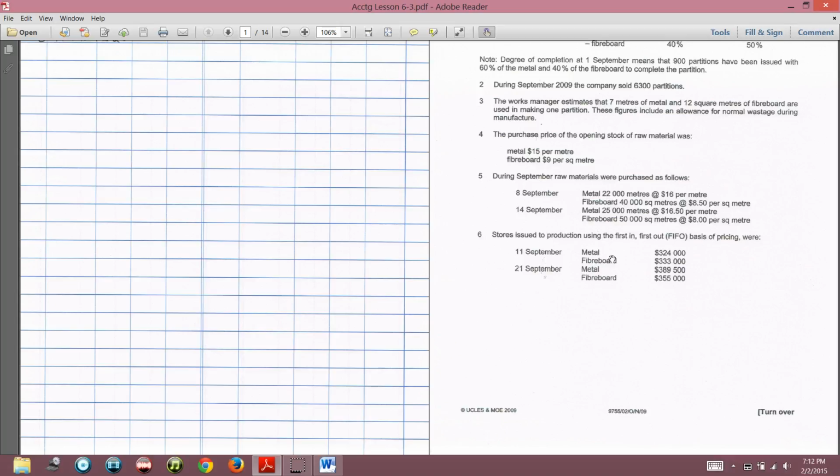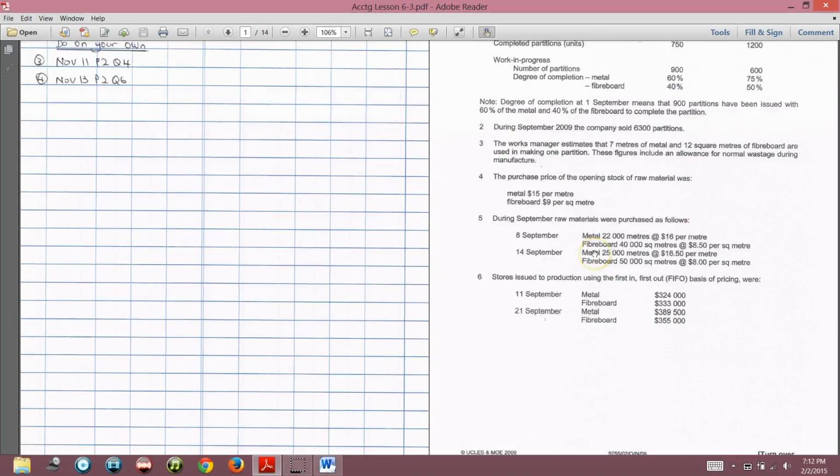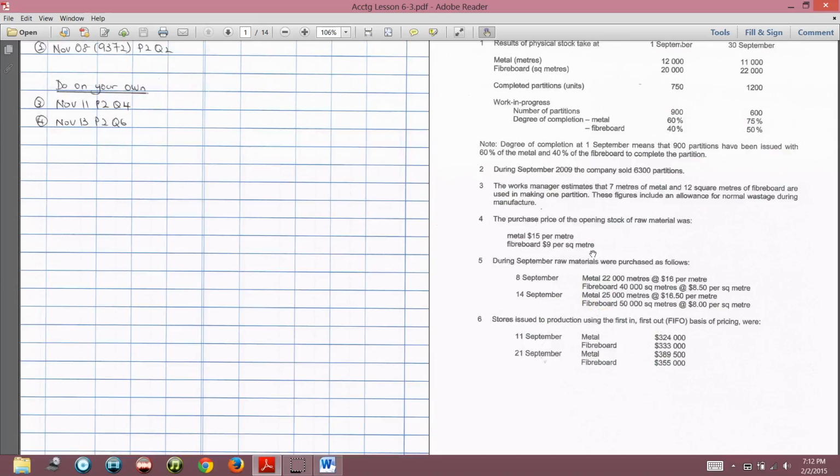The store will be managed by the storekeeper, also called a store manager, and then the store will issue to production. Then the production part will do the production, and after they finish the finished goods, maybe it will transfer to the sales department, and the sales department will sell it out. So you can imagine the process.